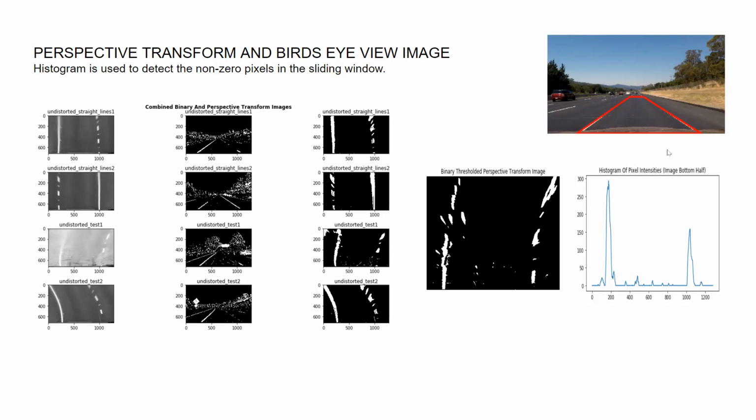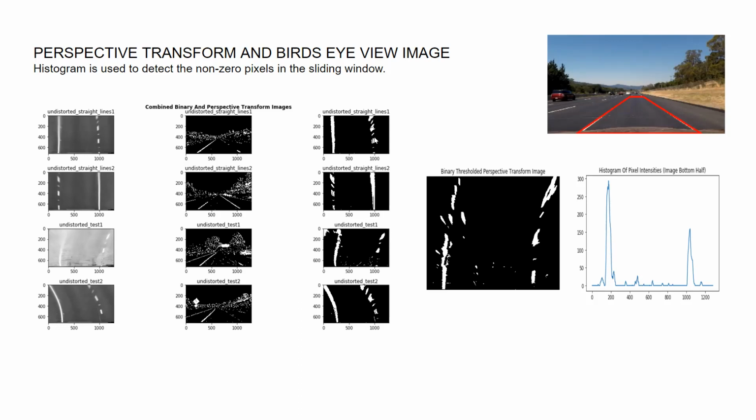The function warps the provided quadrilateral vertices onto the required destination vertices to give the bird's eye view image.